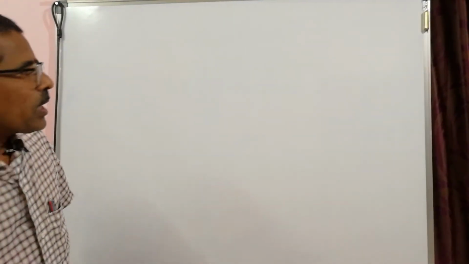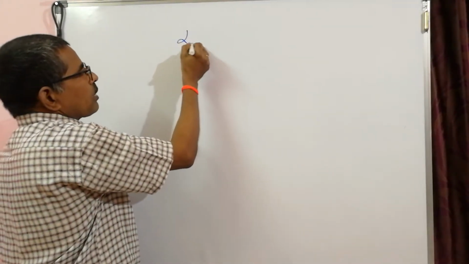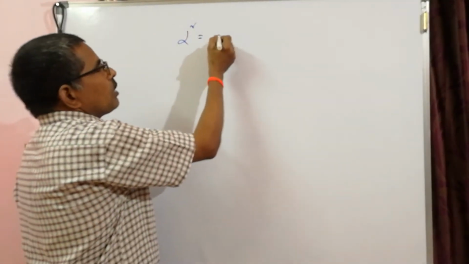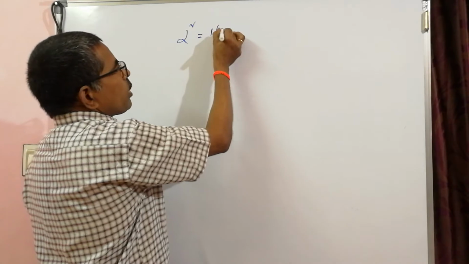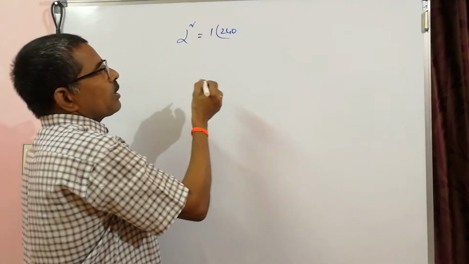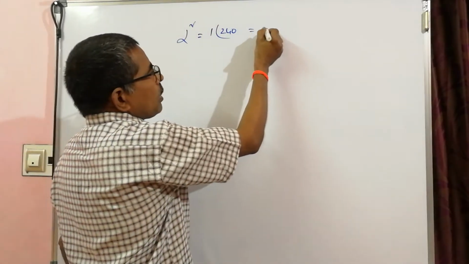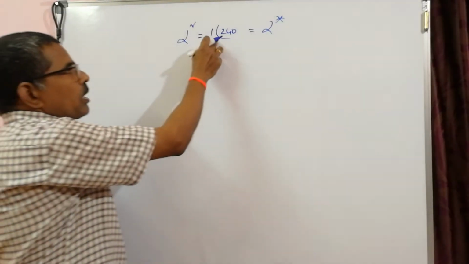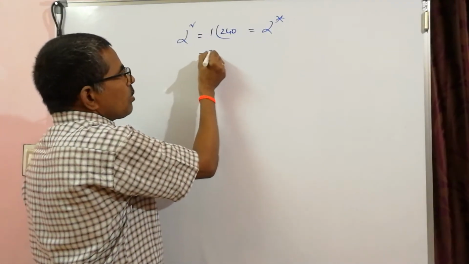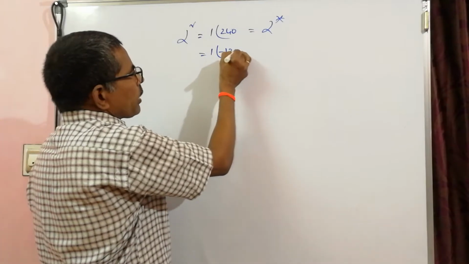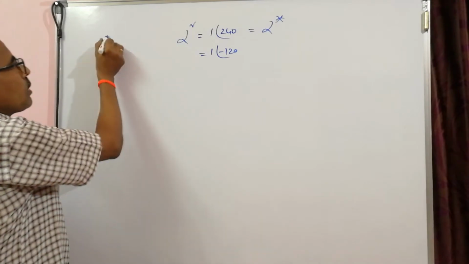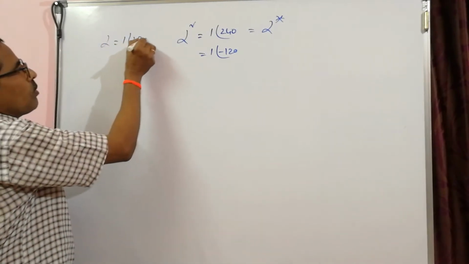So, all that I had given you. What is alpha square? Alpha square is 1 angle 240, which is nothing but alpha conjugate, because this is nothing but 1 angle minus 120. Alpha is 1 angle 120.